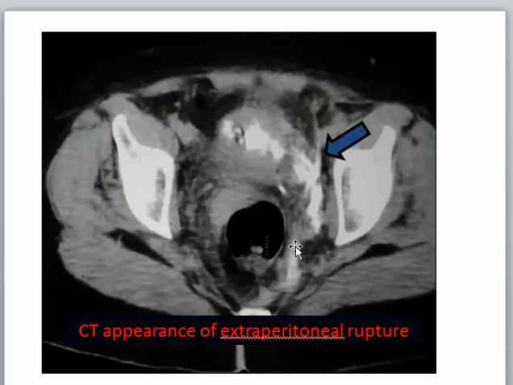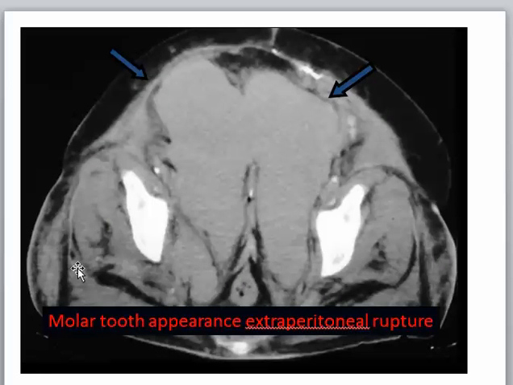What's the difference between contrast outside the peritoneum and contrast inside the peritoneum? If outside the peritoneum, it causes the flame appearance as if something irregular, because it goes in the interstices in the fatty tissue around the urinary bladder, or it can collect in this way.